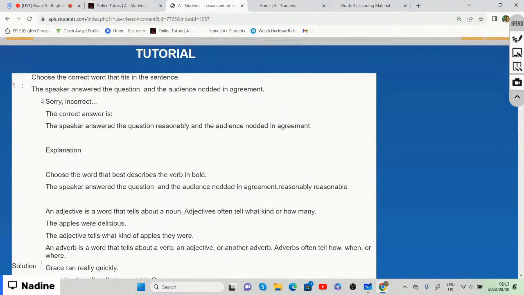The speaker answered the question and the audience nodded in agreement. We need to choose a specific word. Do we say reasonably or reasonable?